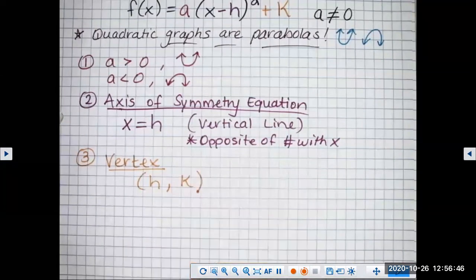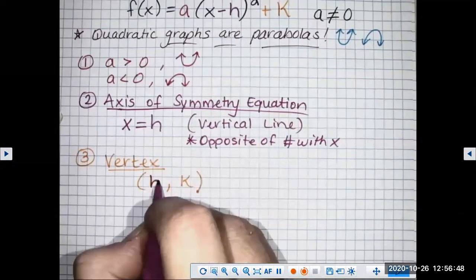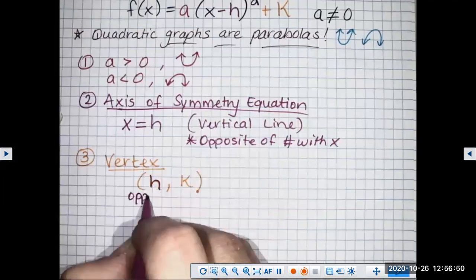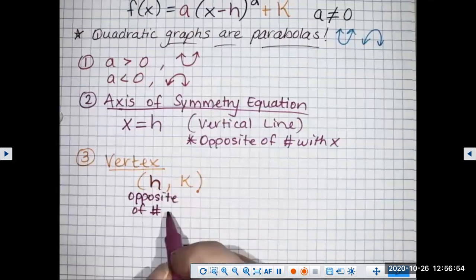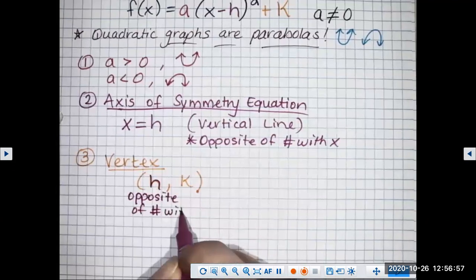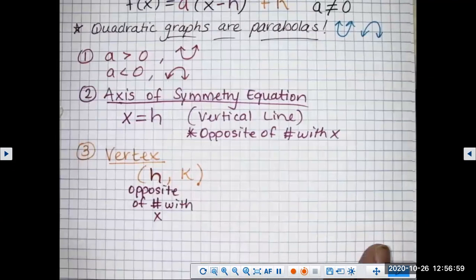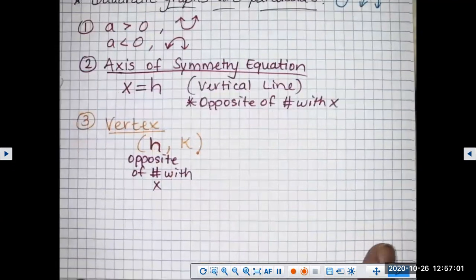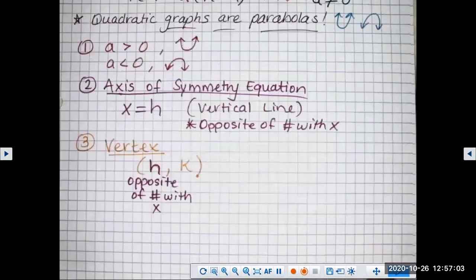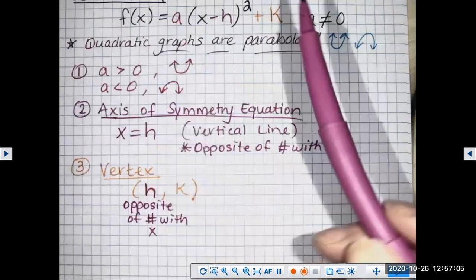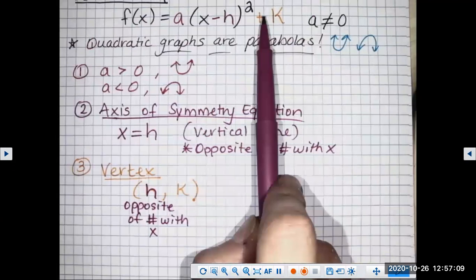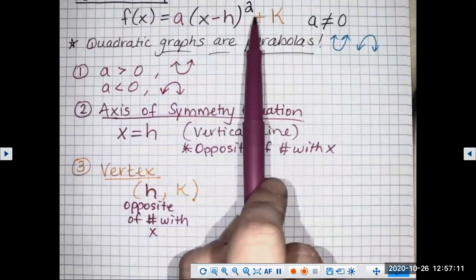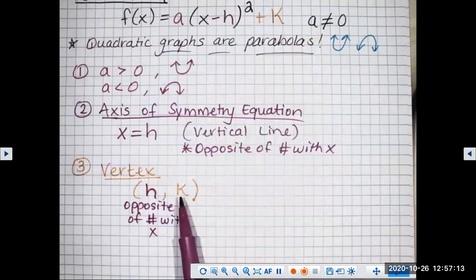Notice that h is the opposite of the number with x. And k is the same. Like all I do, if k is plus 2, then this is plus 2. If k is minus 3, or if this is minus 3 at the end, I put negative 3. So k stays the same.